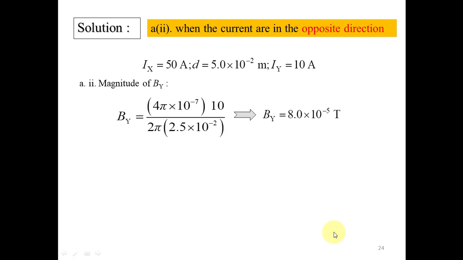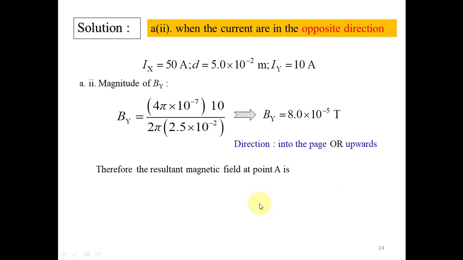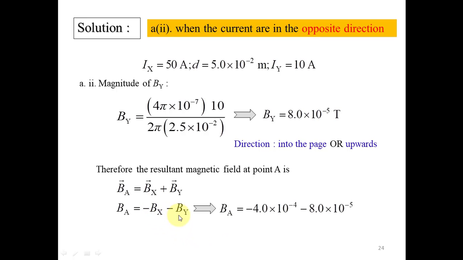For By, we got 8 times 10 power of negative 5, into the page or upward. So for the resultant, that means Bx plus By, since both are upwards, we take upward or into the page as negative, so both negative, we get negative 4.8 times 10 power of negative 4 Tesla.